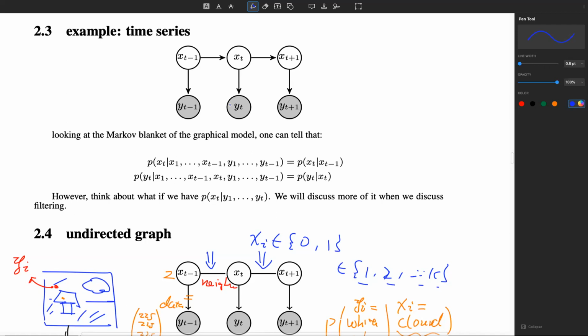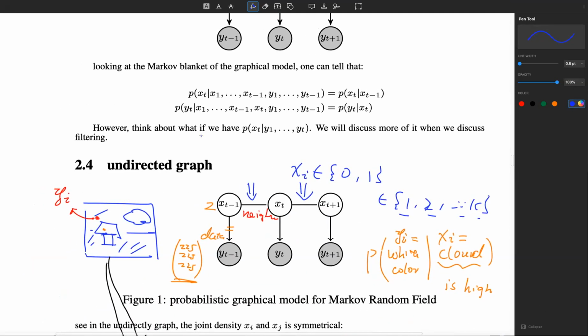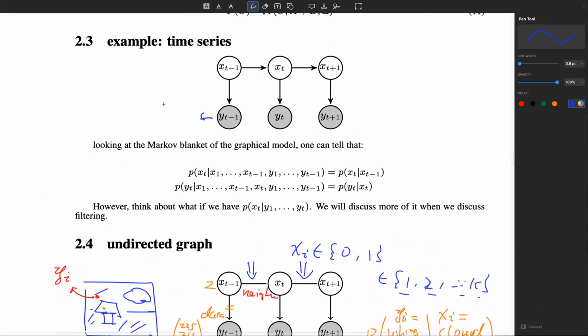Firstly, can I ask, can anyone give me an example of a time series where you also have a latent representation? Stock price. Yes, stock price: these are the observations. That's the actual stock price.